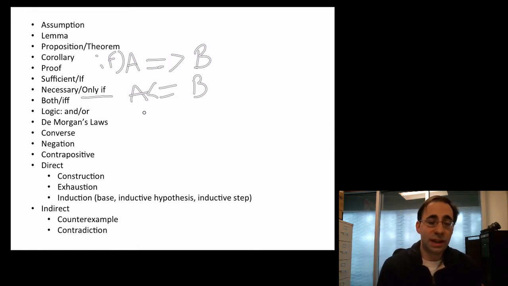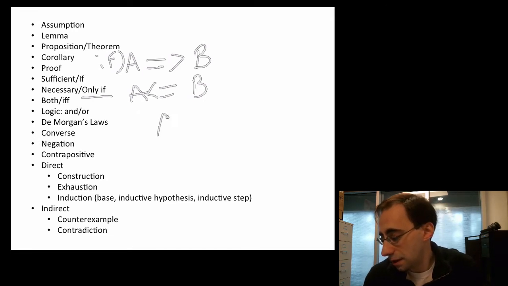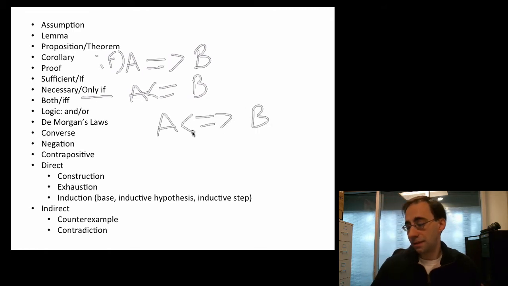Well, if one thing is both sufficient to get the other thing and necessary to get it, then they always only occur at the same time, together. In some senses, they're equivalent statements because they only ever occur together. You can write that like this. You put the sufficient thing over here, the implies, but the implication goes in both directions.